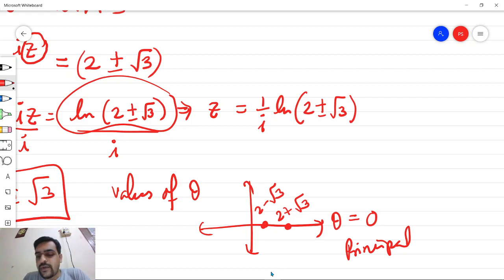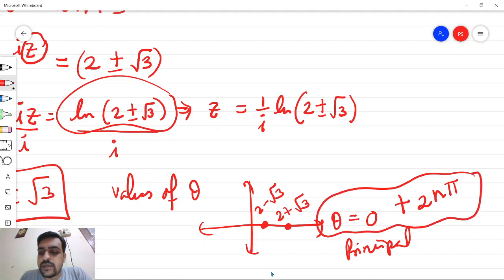So along with this value, we have to include all other values of theta, which are repeated by adding a factor of 2n pi. So this general expression gives all values of theta.